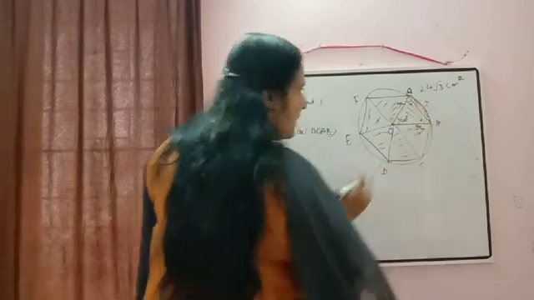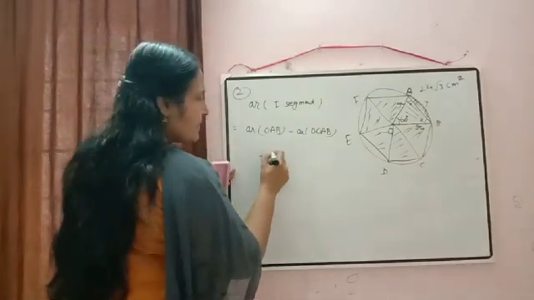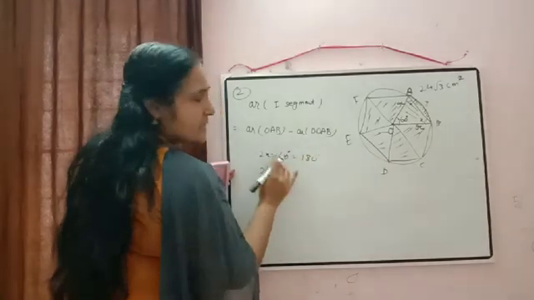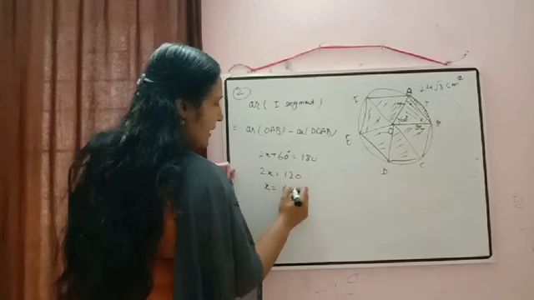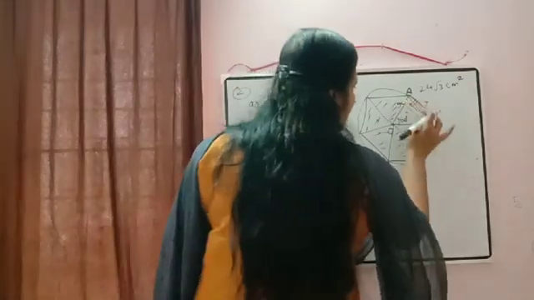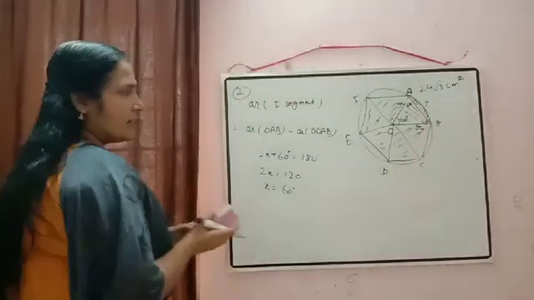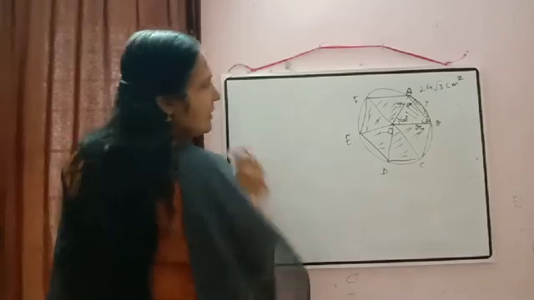Then we get 2x plus 60 degrees is equal to 180 degrees. From here we get 2x is equal to 180 minus 60, which is 120. x is equal to 60. So what are we getting here? We are getting an equilateral triangle.